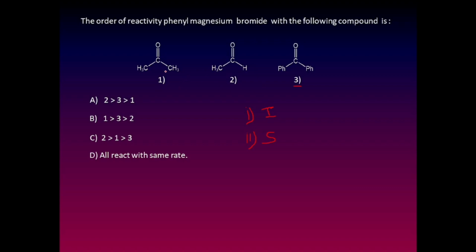In this case there is also a steric effect, but first of all we should consider the steric effect, then the inductive effect. The steric effect will be more in case 1 and then 2. Here you can see that 1 has more steric effect, so it will be less reactive, and 2 will be more reactive. So the right option is C.